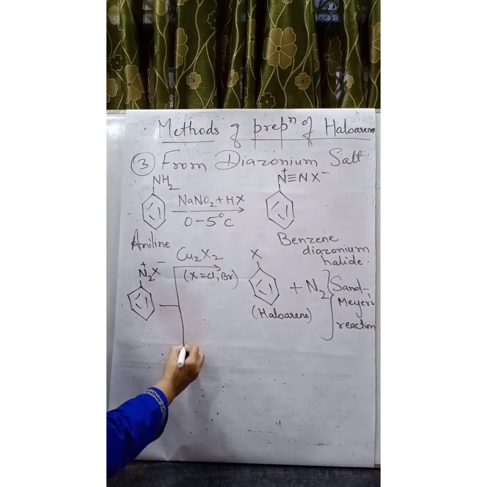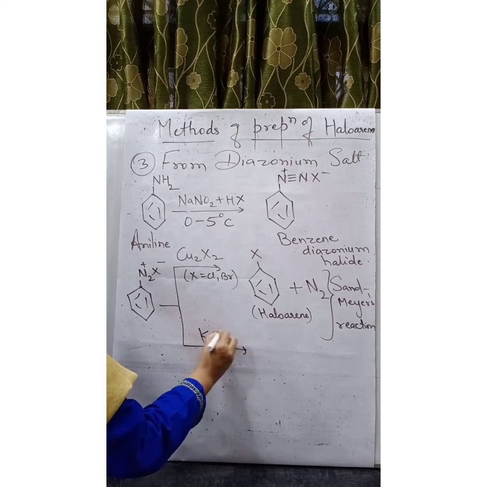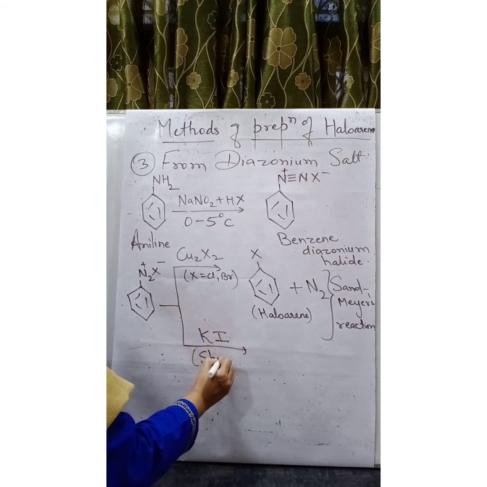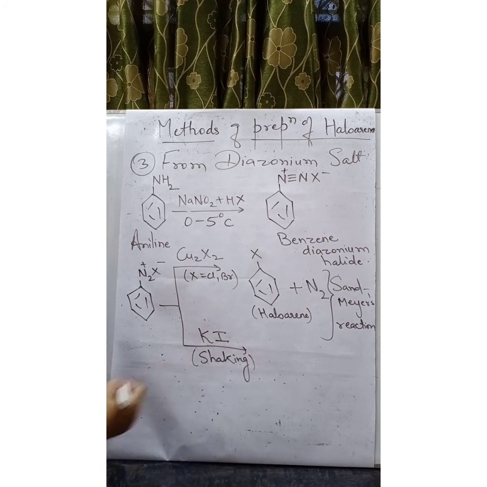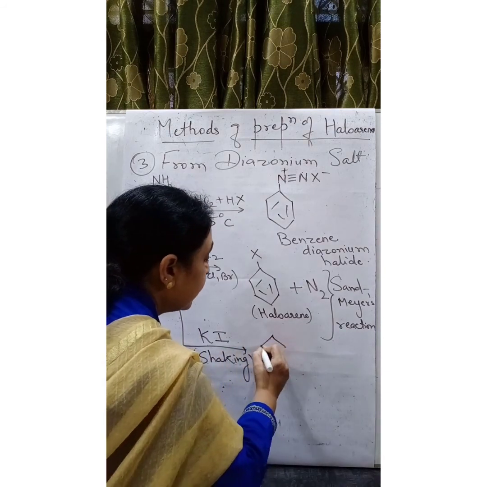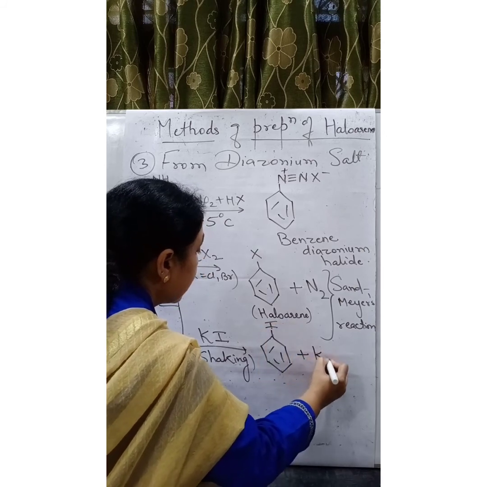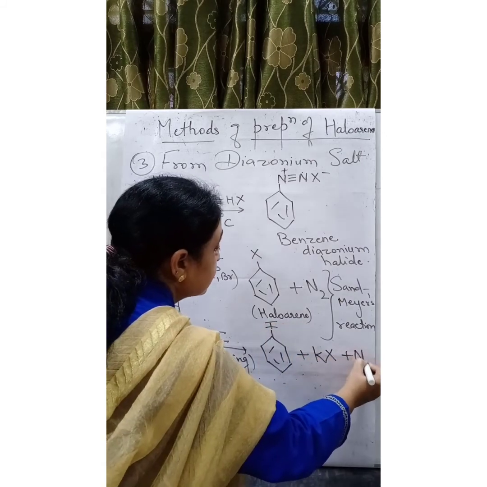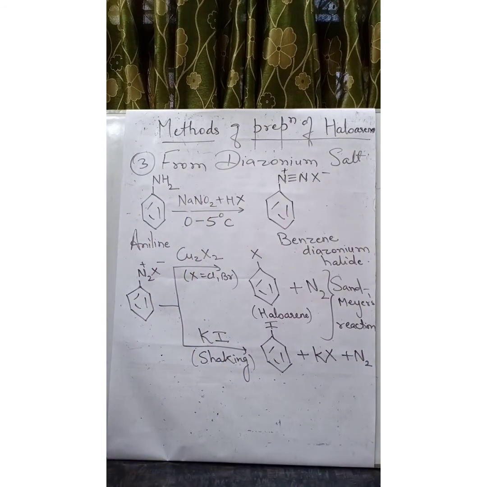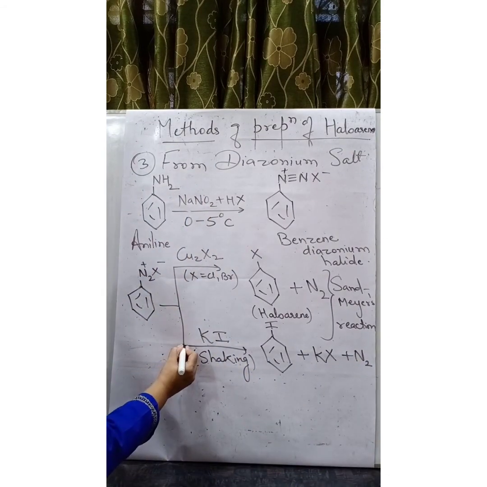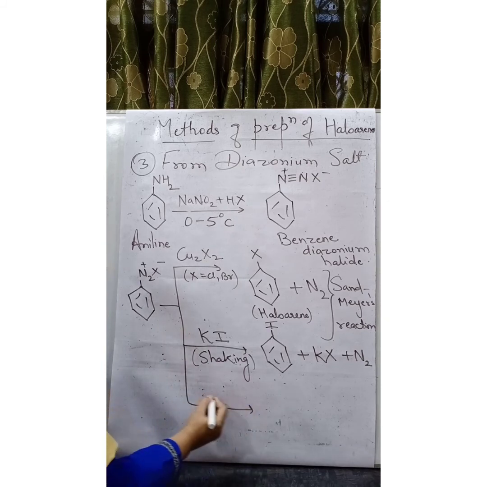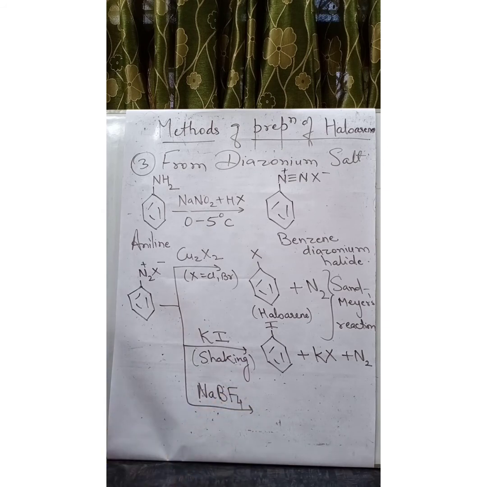Now the next one is you add KI and just shake it. On shaking, we get iodobenzene plus KX plus N2. Now, if you want a fluoro compound, fluoroarene, you treat it with NaBF4, sodium borofluoride.